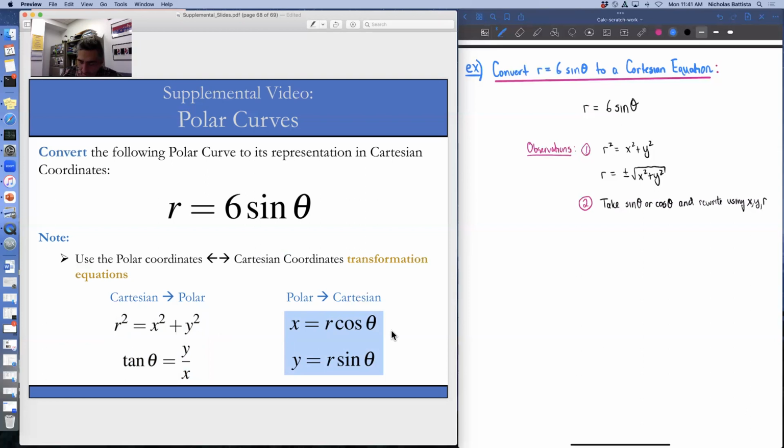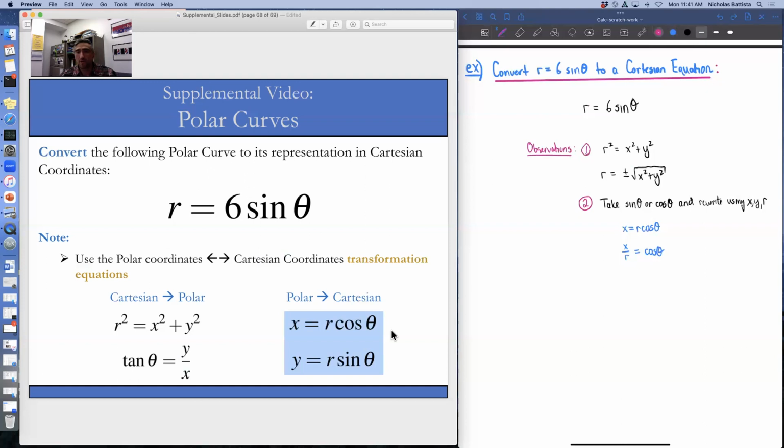So for example, let's first take the x equation. x is r cosine of theta. If we divide both sides by r, we just get x over r is equal to the cosine of theta.